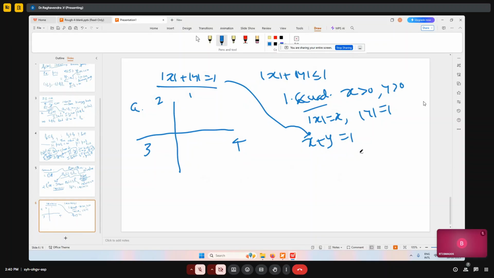What is x plus y equal to 1? It's a straight line. How does it look like? When y is 0, you have x to be 1. When x is 0, y to be 1. So what is the straight line? This is the first line that you have. Similarly, you have the second line here. Okay. Then you have the third line here. And the fourth line. What is this figure? Yeah.